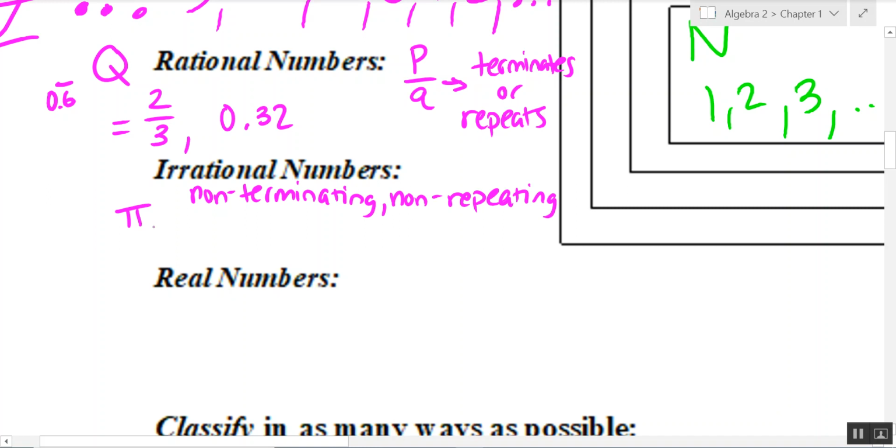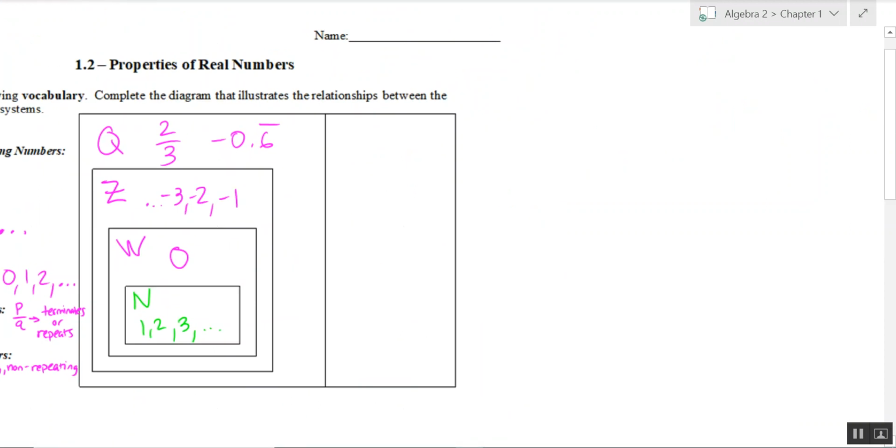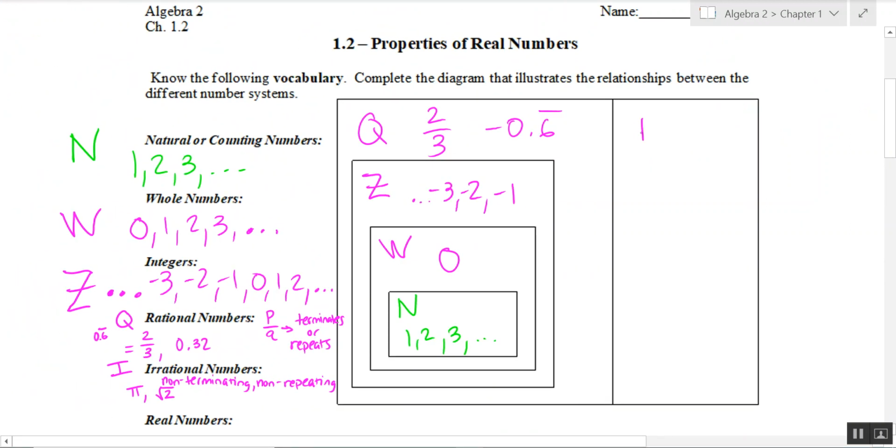Another example of something like this that you're familiar with would be something like √2. If you type it into a calculator and get a decimal value, it goes on forever, but it does not repeat itself, much like pi. So these are irrational numbers. Symbol for irrational is I. And we're going to put those on the right side over here.